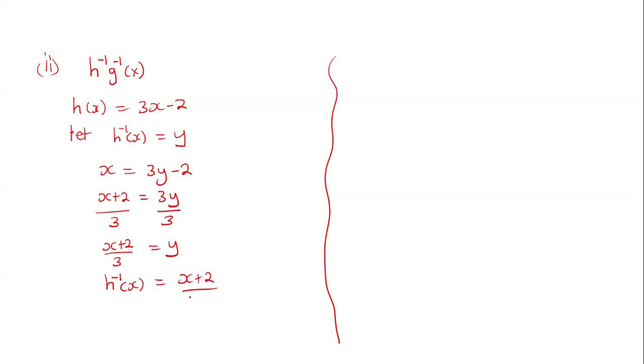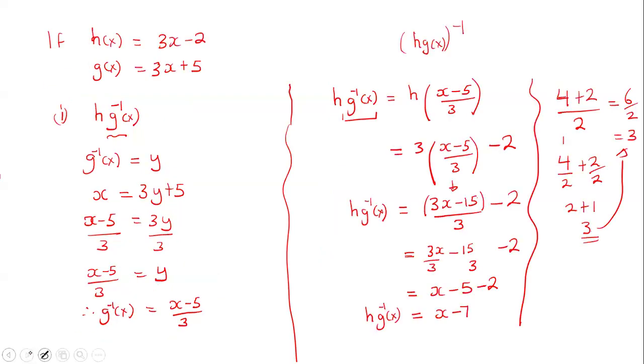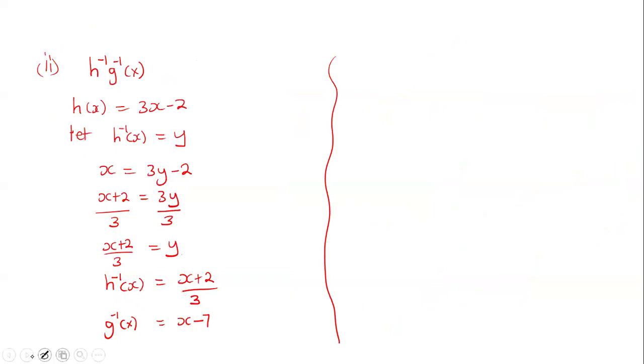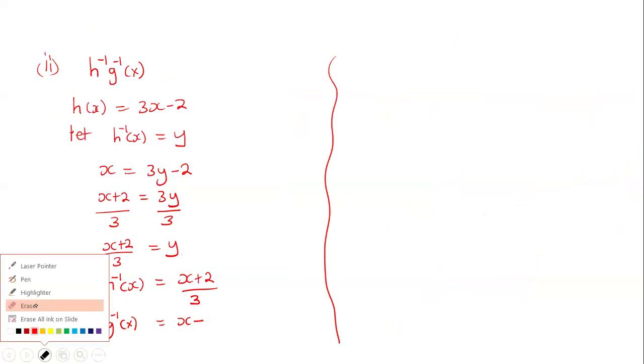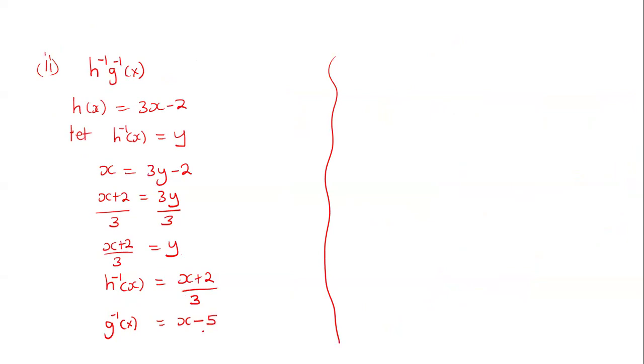Don't go off, stay on. What was our G inverse? Do we have it already? Yes, x minus 7. Is it what we had? Oh wait, no. x minus 5 divided by 3. Okay, so it was x minus 5 divided by 3.